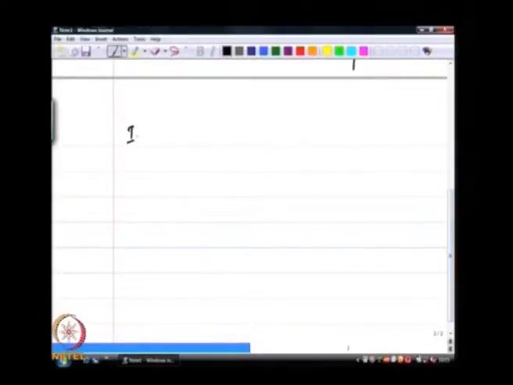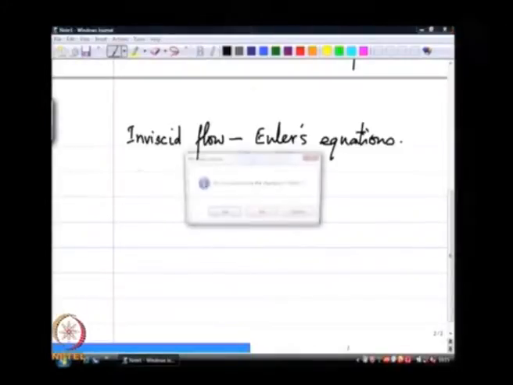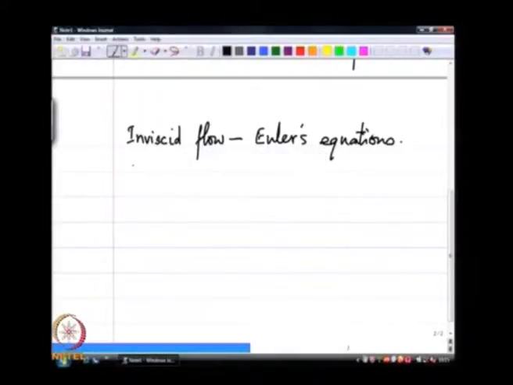I am going to look at inviscid flow for now, governed by Euler's equations. So, if I write the Euler's equations in cylindrical polar coordinates, I will write the whole thing.